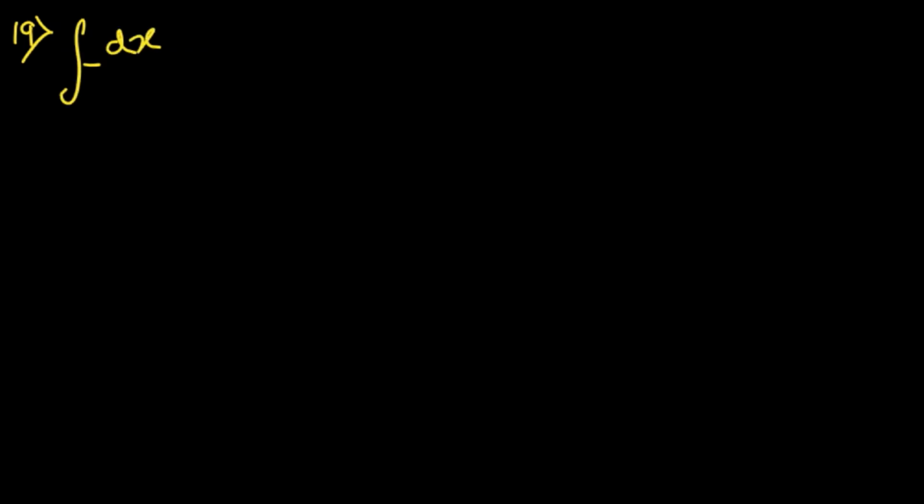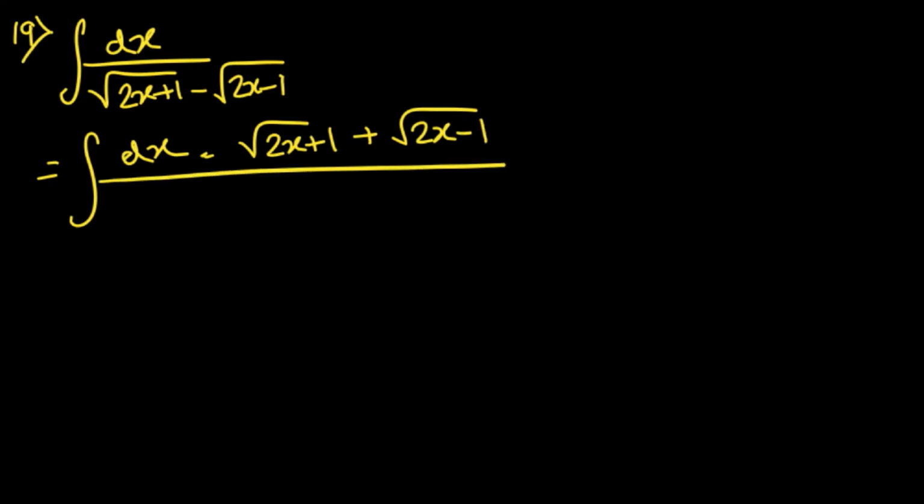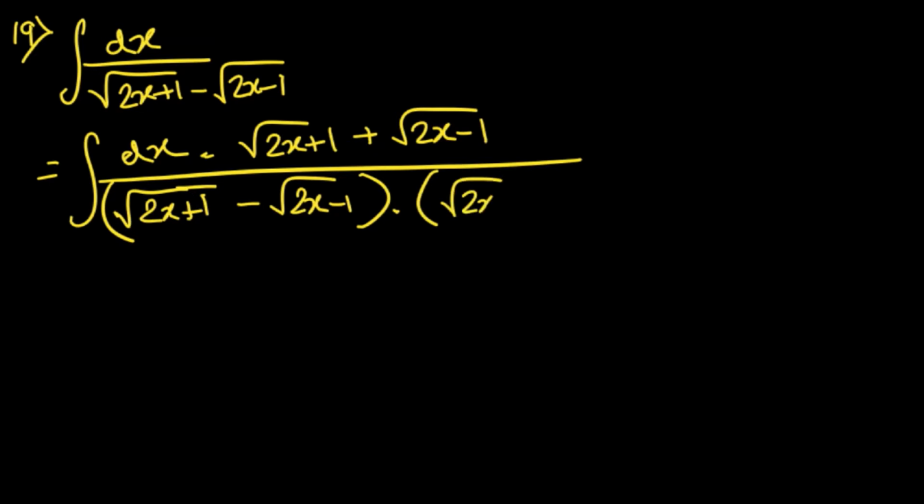Integration of dx by root 2x plus 1 minus root 2x minus 1. So whatever it gives in integration, we are rationalizing it. So we are multiplying the numerator by root 2x plus 1 plus root 2x minus 1, and in the denominator, what term is already there, root 2x plus 1 minus root 2x minus 1, we are multiplying it with root 2x plus 1 plus root 2x minus 1.